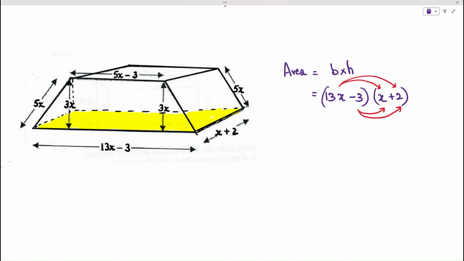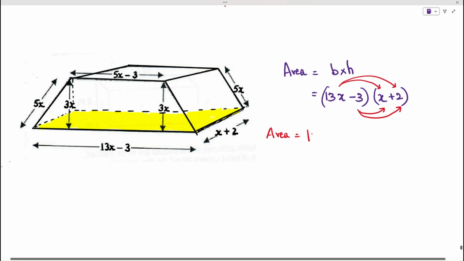So we get area equal to 13x squared plus 26x minus 3x minus 6. Once we simplify that, we get 13x squared plus 23x minus 6. This is the area of the base of the prism, and we're going to label this area as C.